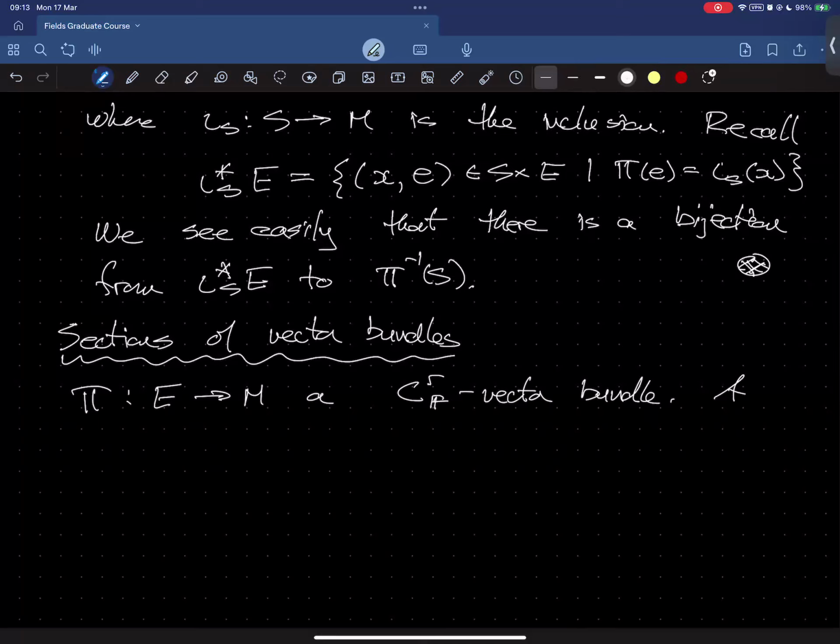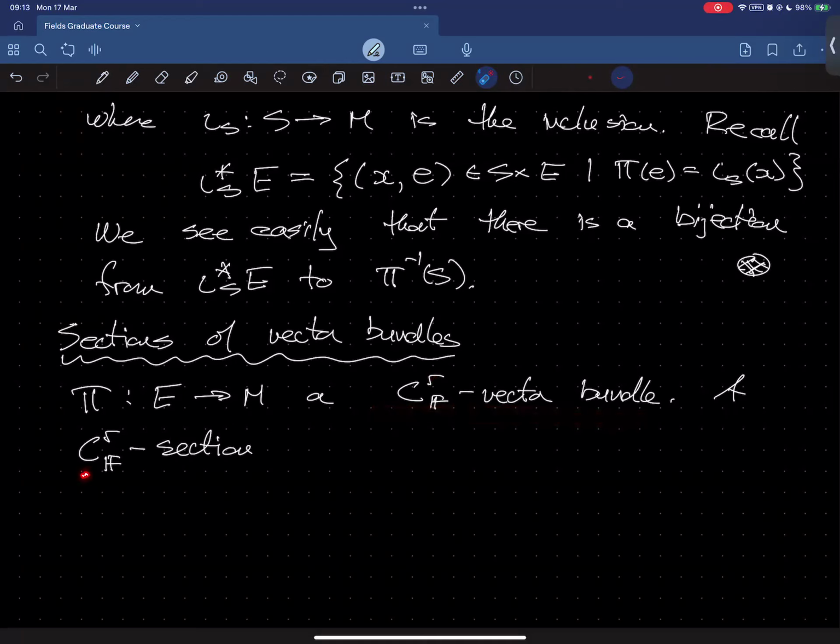Okay, so a section. All right, so let's say the section is C^r also. Sometimes I'm slightly more flexible about this. So I'll say that the object itself, which is the vector bundle, is of class C^r.